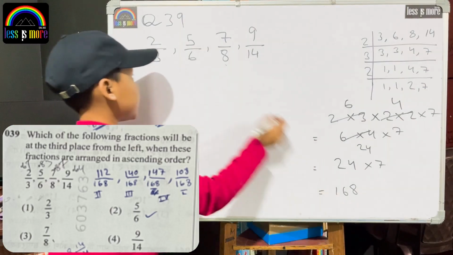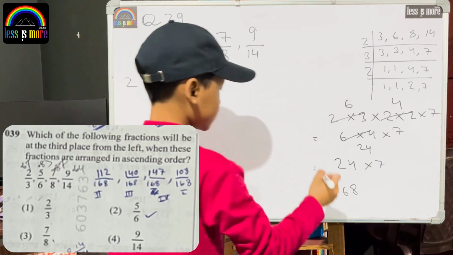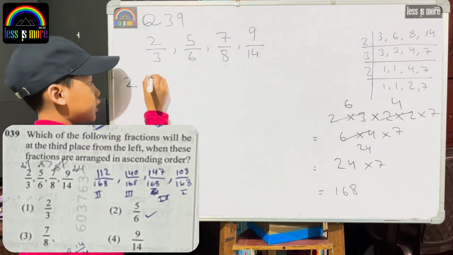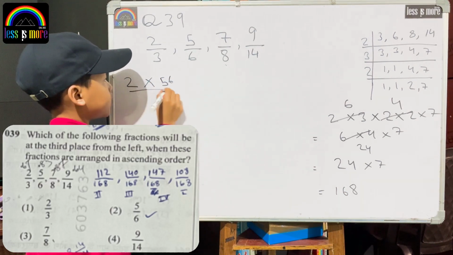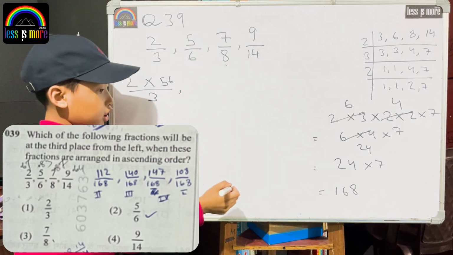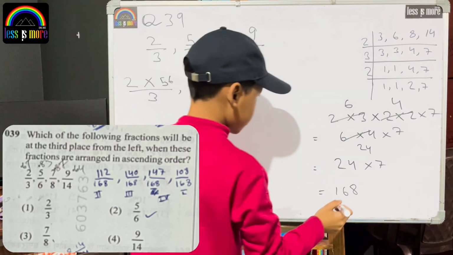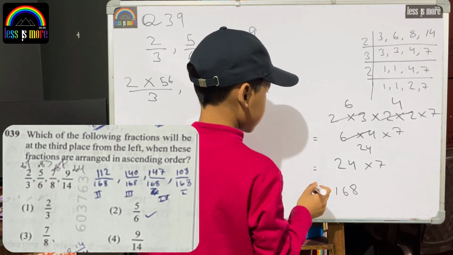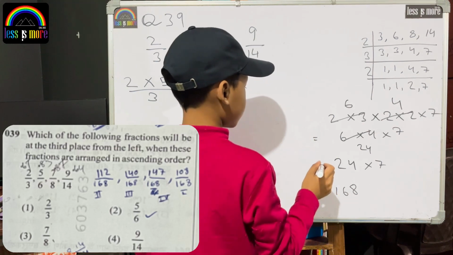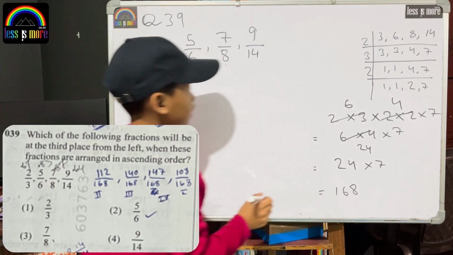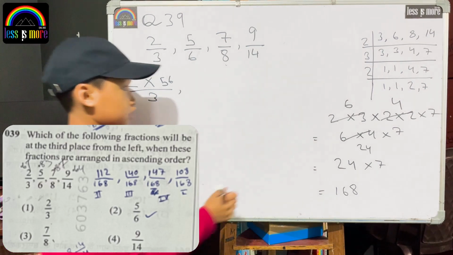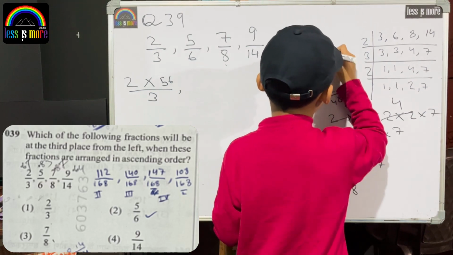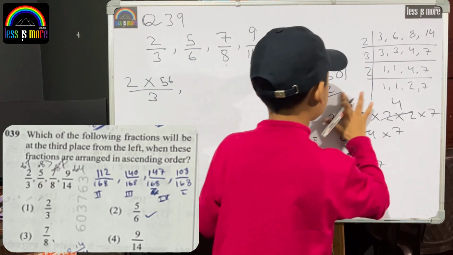We divide 168 by 3 from the first fraction. The answer will be 56. Then we multiply 2 times 56 by 3. Next is 5 by 6. We divide 168 by 6 again, and it will be 28.